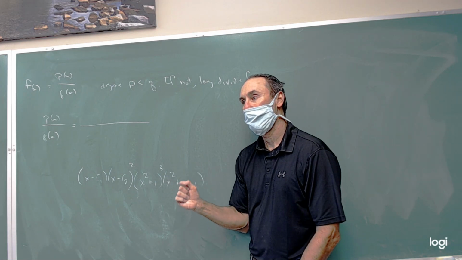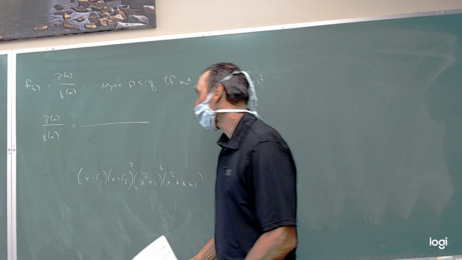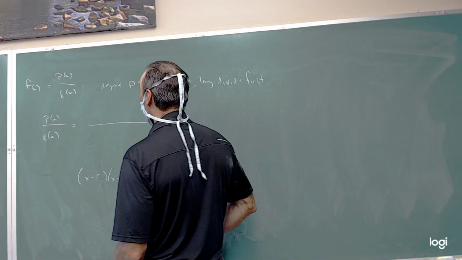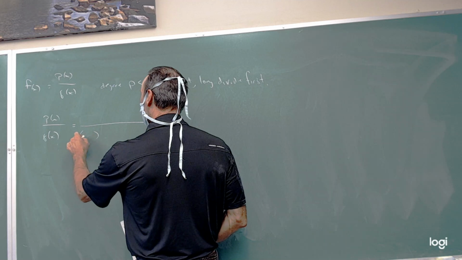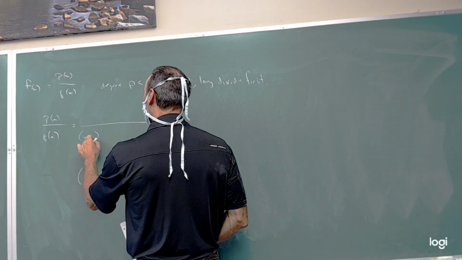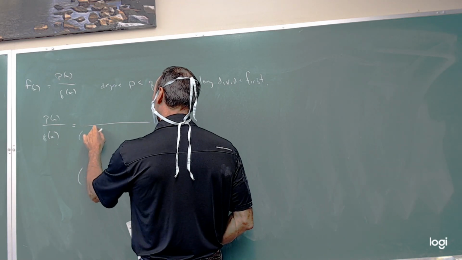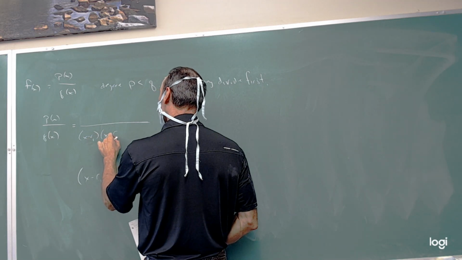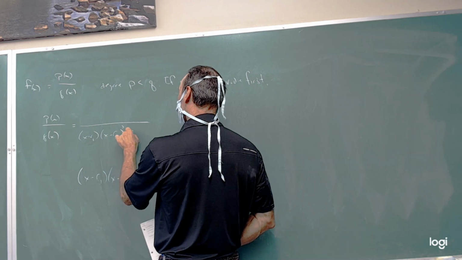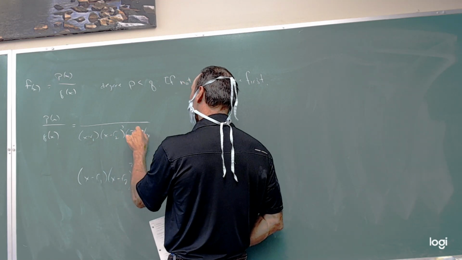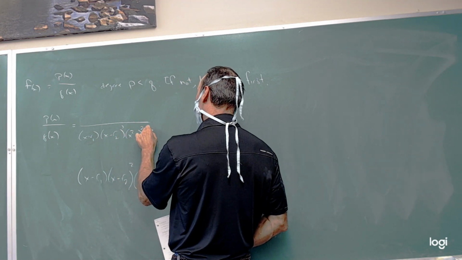Okay. Now, this is really awkward to say. I don't know if I can do it in a minute. So you have these various linear factors, and some might be to various powers, whatever they are. Then you've got some irreducible quadratics.